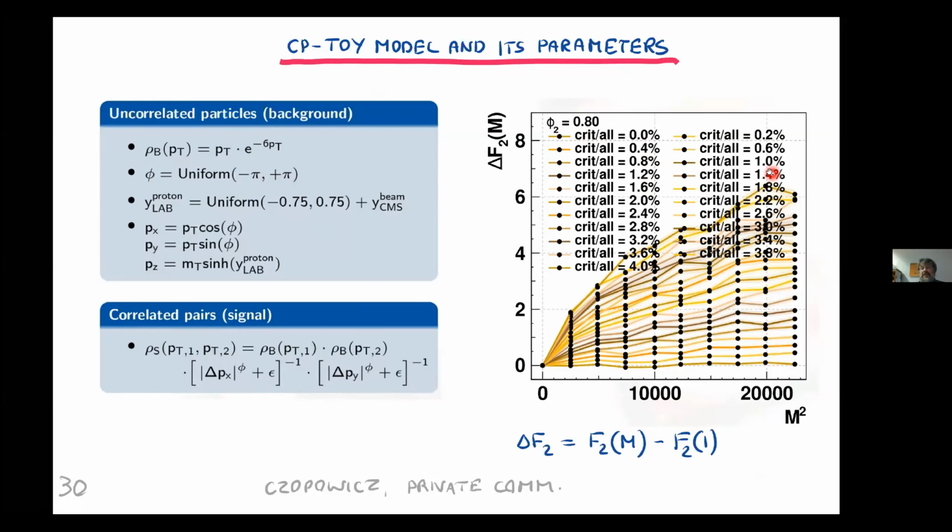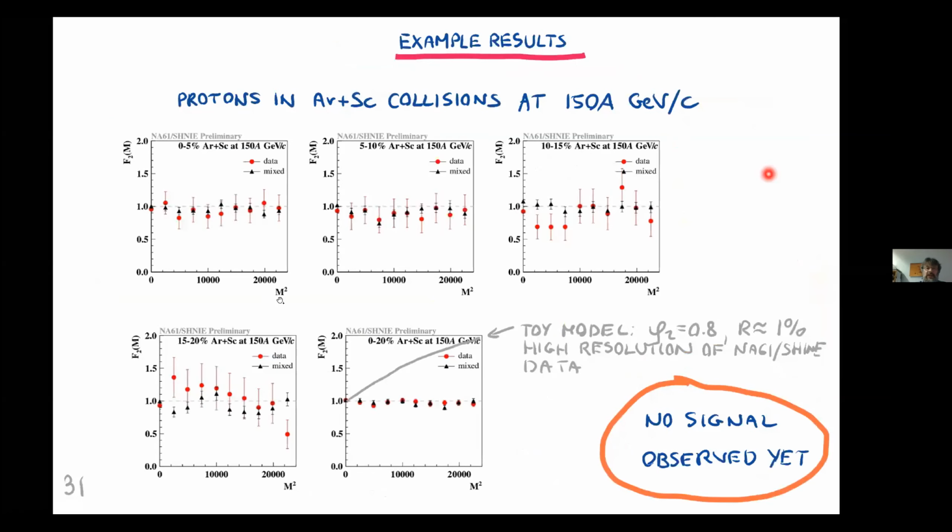In a moment I will show you that the curve for 1% contamination of critical protons is completely excluded by the data. These are the data: an example of protons in argon-scandium collisions at 150 GeV, second factorial moment, versus number of pixels in px, py space.